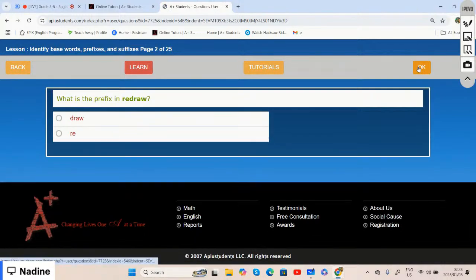Option one is correct. The next one says, what is the prefix in redraw? Is it draw, option one, or re, option two? The prefix.